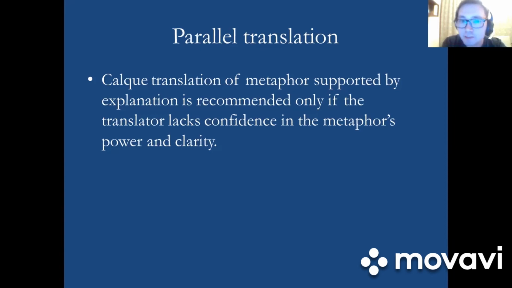In what cases do we use parallel translation? We use it in cases when we are not sure that the translated metaphor will have the necessary effect, or we are not sure if it will be clear for the receptor.